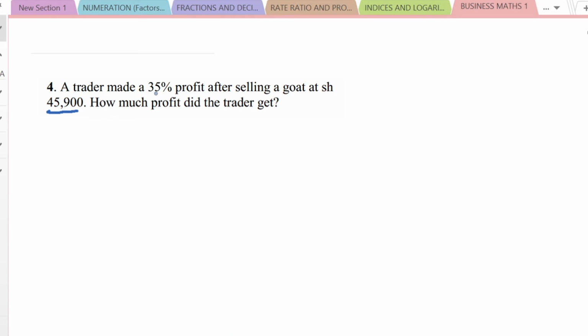Now, if it is a 35% profit, it means that this price has both the initial price the thing was bought at, which you call the cost price, plus profit. This is going to give us the selling price.